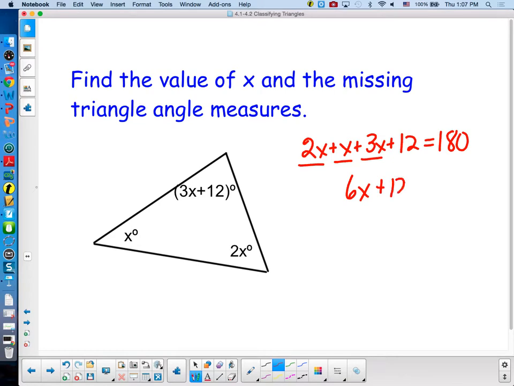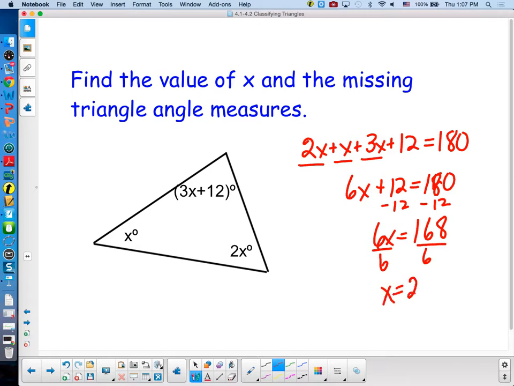6x plus 12 has to equal 180. Subtract 12. 6x has to equal 168. Divide that by 6. 28. Okay, so that's the value of x, and it says, find the missing triangle angle measures.